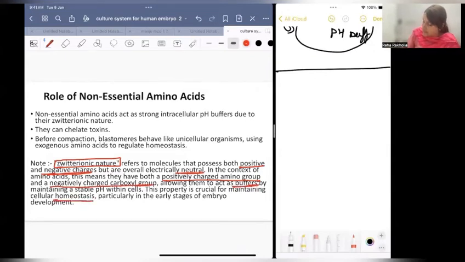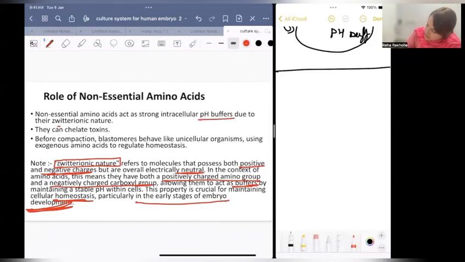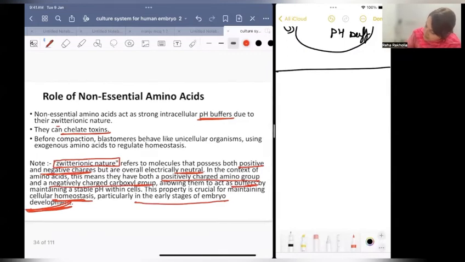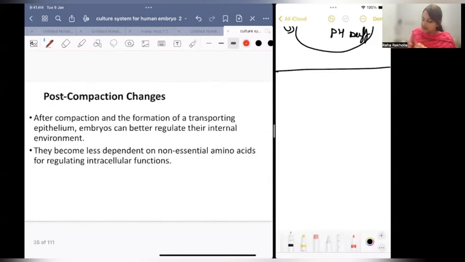It helps in cellular homeostasis, particularly in the early stage of embryo development. We have already discussed it is a strong pH buffer, it chelates toxins, and it regulates homeostasis.